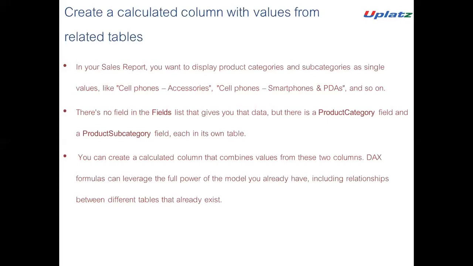When we try to find a field in the table where we can see the product category and subcategory in one column, we cannot find it, because that field does not exist in the table. So we have to create a new calculated field, because there is no field in the fields list that gives us this data, but there is a product category field and a product subcategory field, each in its own table.